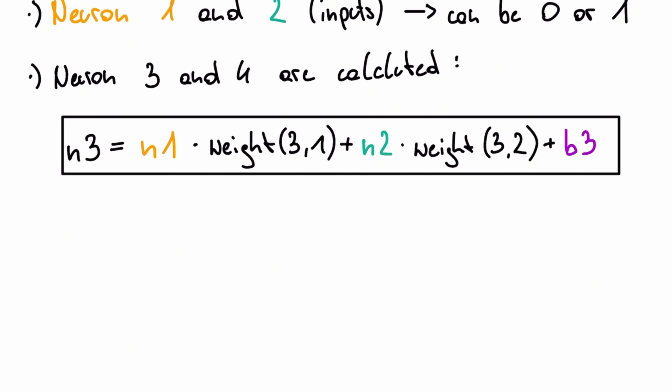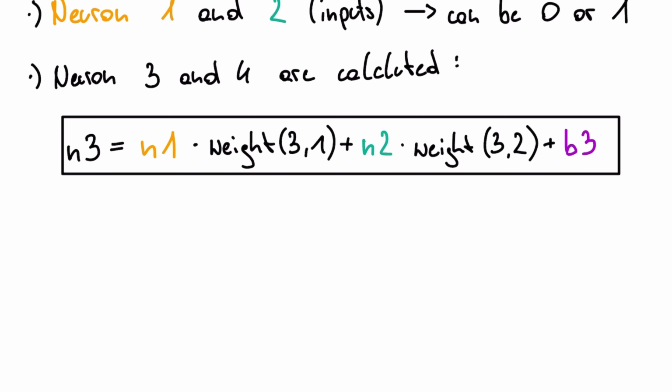N1, which is either 0 or 1, multiplied by the weight of neuron 3 for neuron 1. I write this as weight 3,1, plus N2, again either 0 or 1, multiplied by the weight of neuron 3 for neuron 2. I write this as weight 3,2, and then we add something at the end which is called B3.